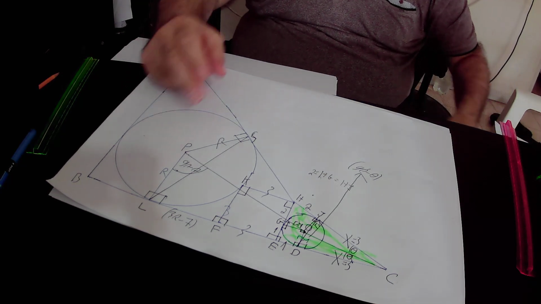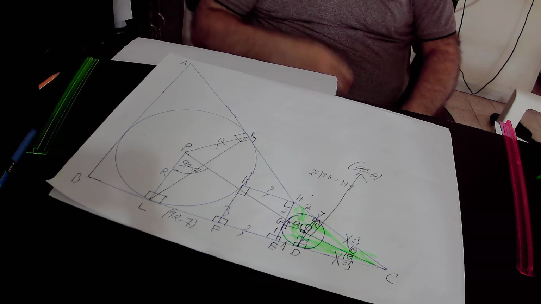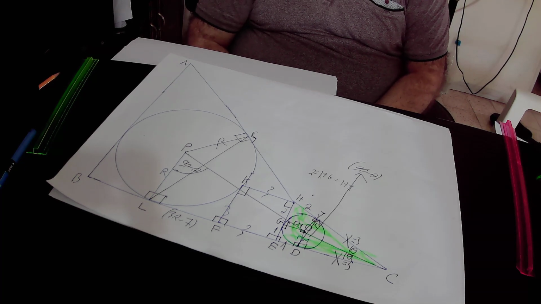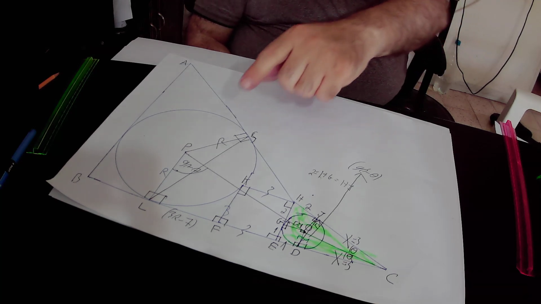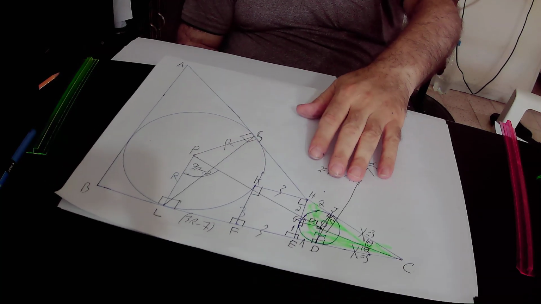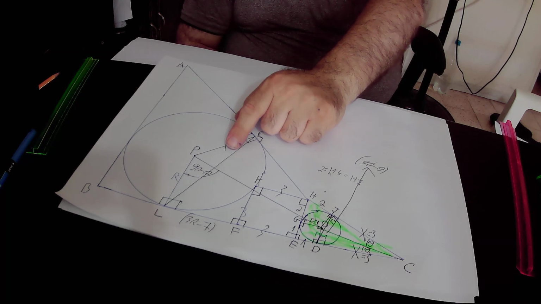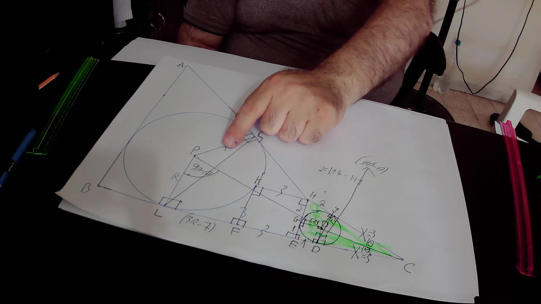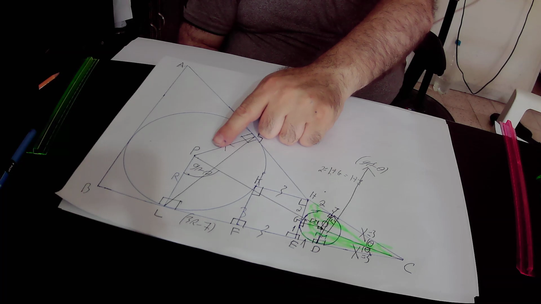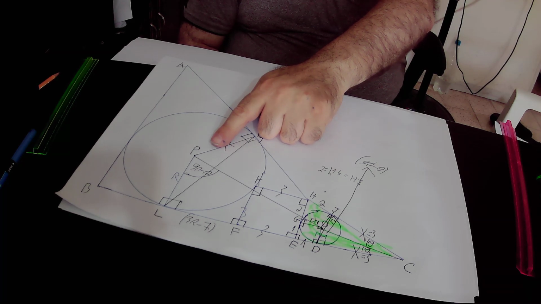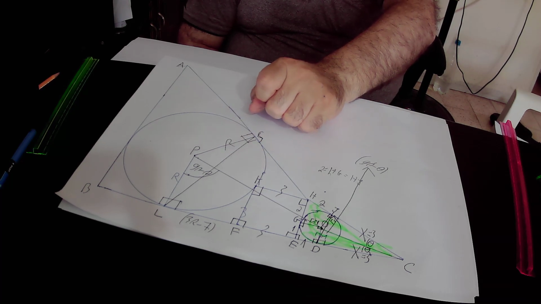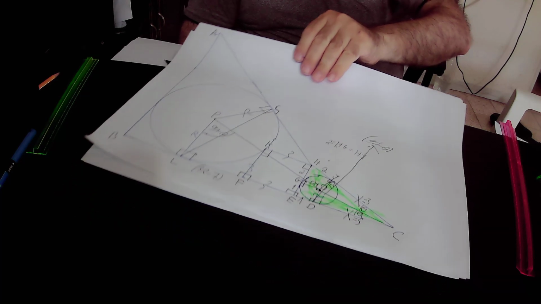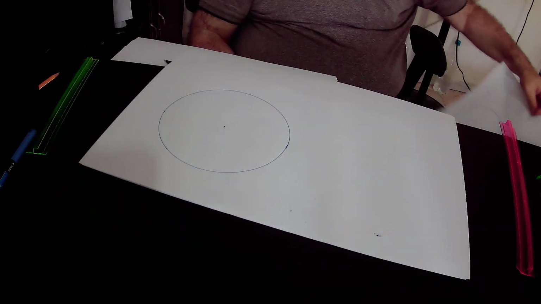We will examine the possibility that the radius of this big circle, capital R, is less than 3 units. We'll examine the possibility that R equals 3 units exactly. We'll examine the possibility that R is greater than 3 units. Okay, we start with the first case.